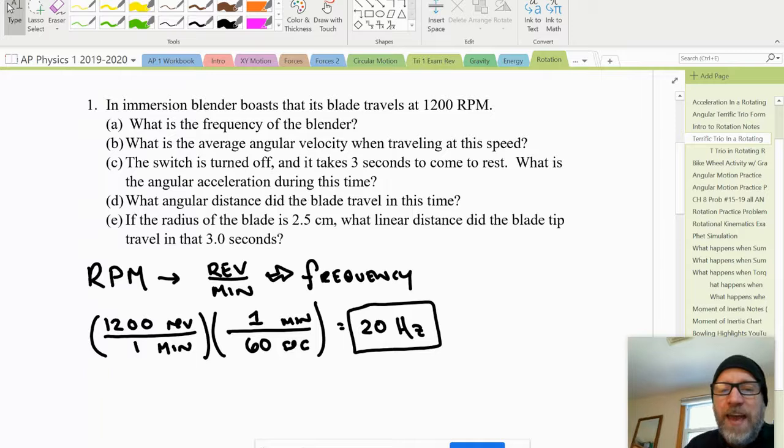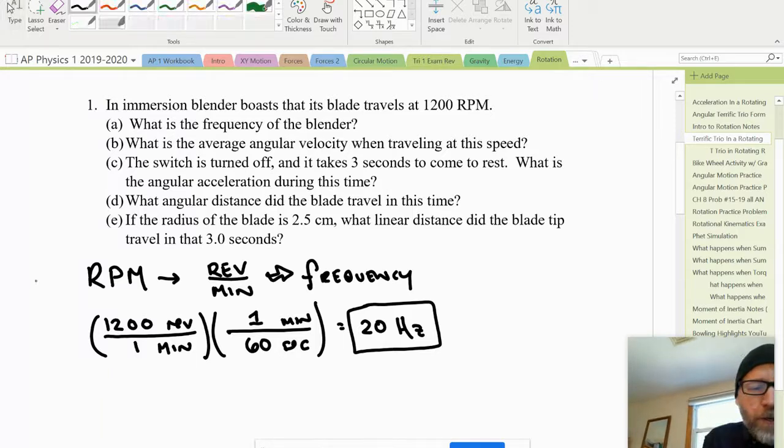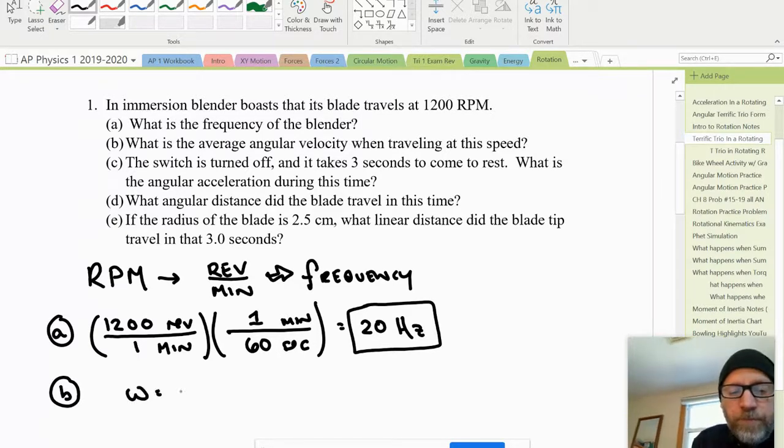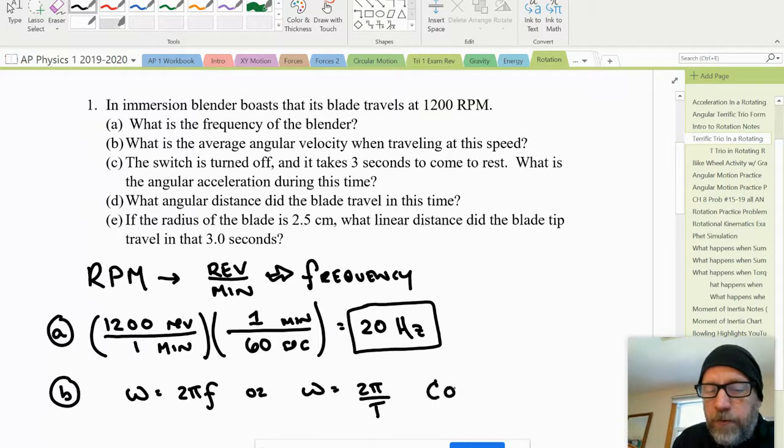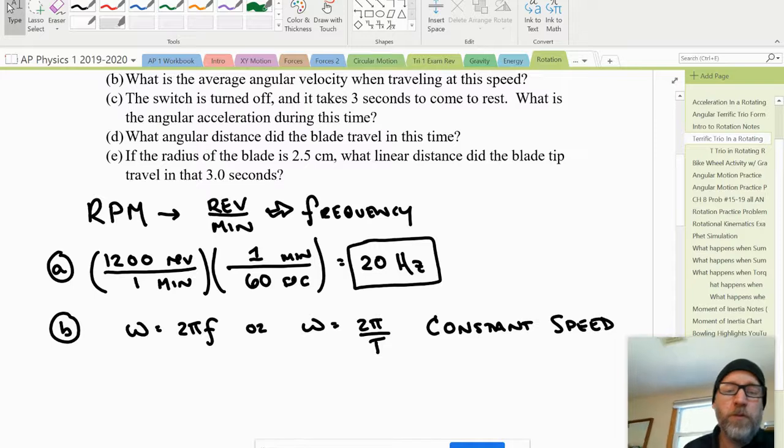B says, what is the average angular velocity when traveling at this speed? Well, the average angular velocity, omega, is 2 pi times the frequency, or 2 pi over the period. This is true when it's traveling at a constant speed. I might as well use 2 pi times the frequency.